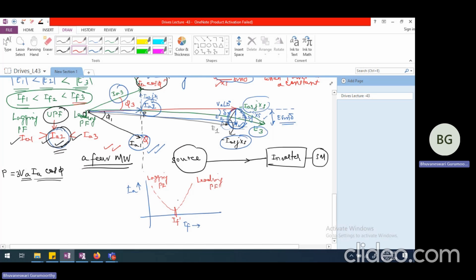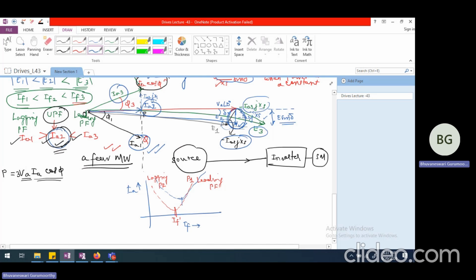And this is for a given load, let us say P1. If I increase the power to P2, very clearly I will require more armature current. And the minimum armature current for another load is not going to occur at the same I_f dash. So if I draw for another load condition, I may have it somewhat like this.